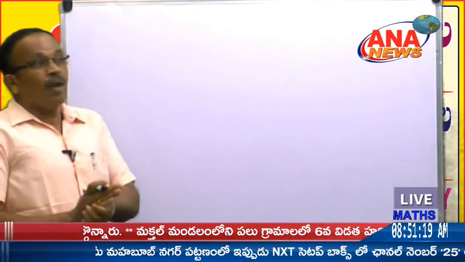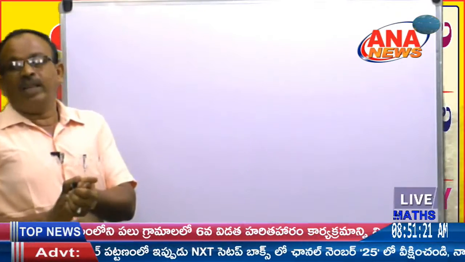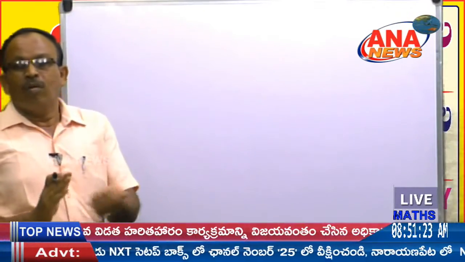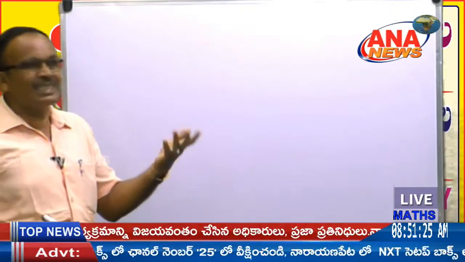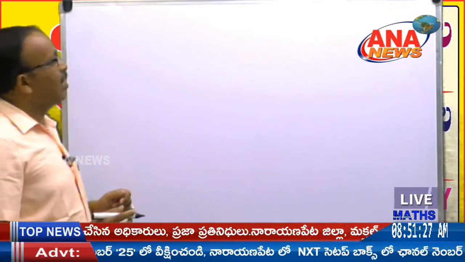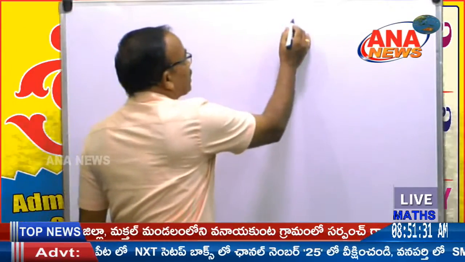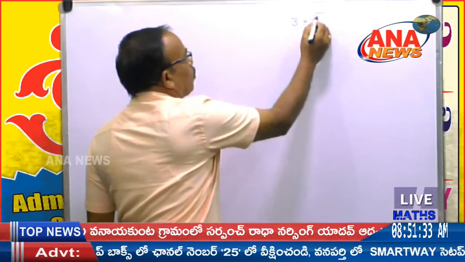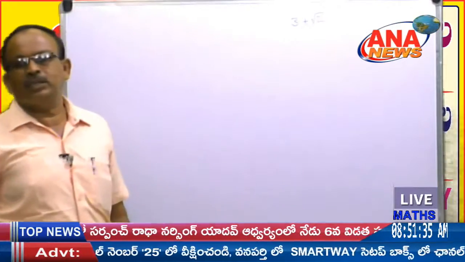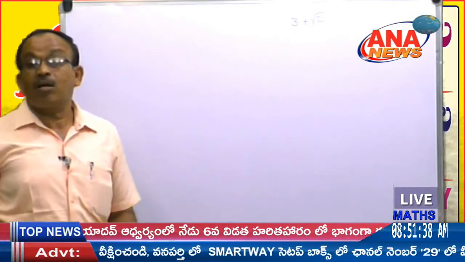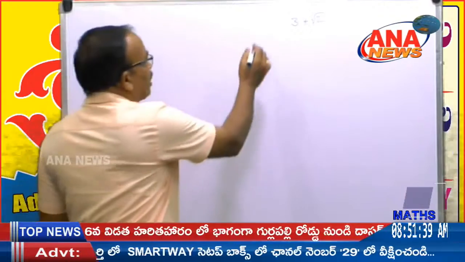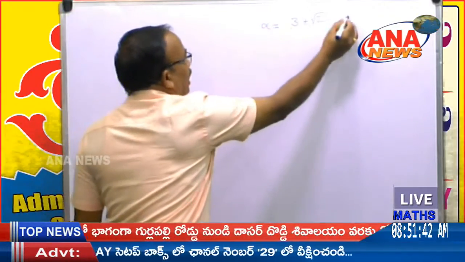Suppose one root is given. Find the quadratic equation whose one root is something. Suppose it is a surd. Find the quadratic equation whose one root is 3 plus root 2. So alpha is equal to 3 plus root 2, given.